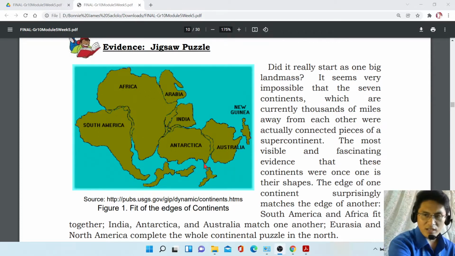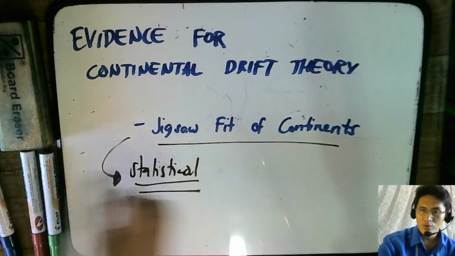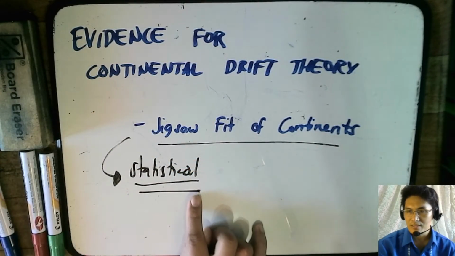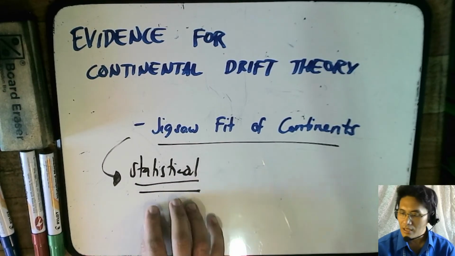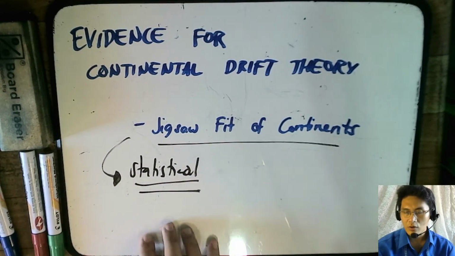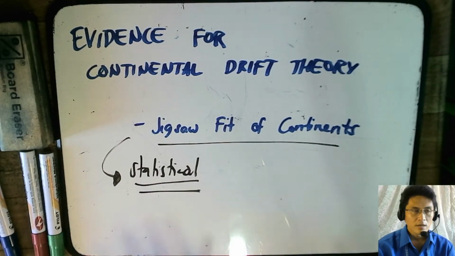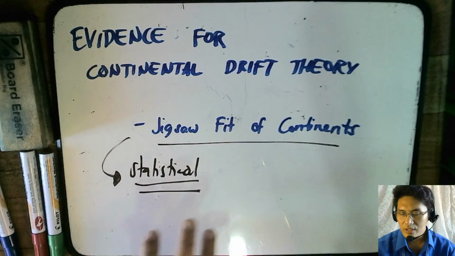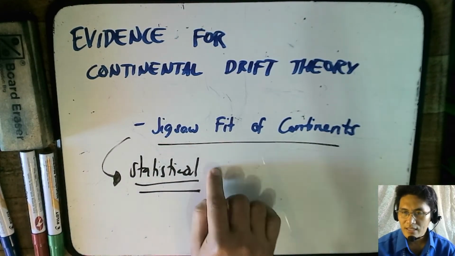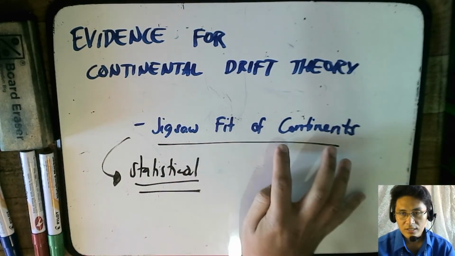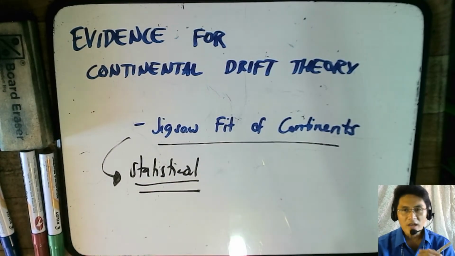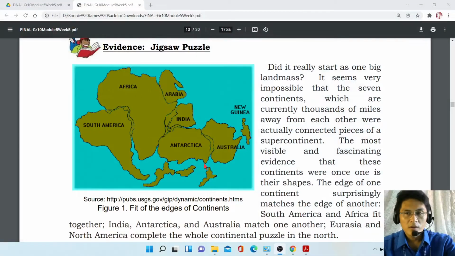Without getting into the details of how that statistical treatment is done, I believe it's based on fractal analysis, the branch of mathematics that deals with fractals. So without going into the details, we scientists can confirm that the fit of the edges of the continents is not just an optical illusion, and not just happening because we are forcing the issue, or saying they fit because they fit.